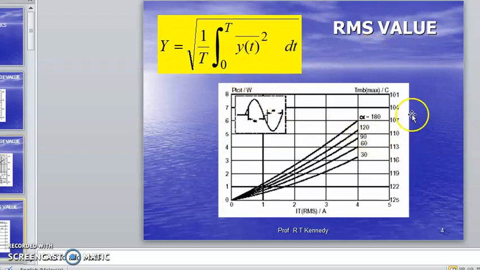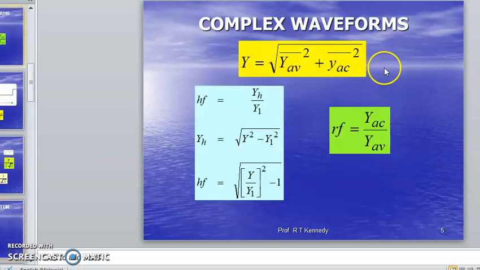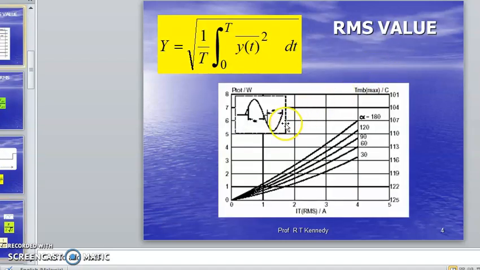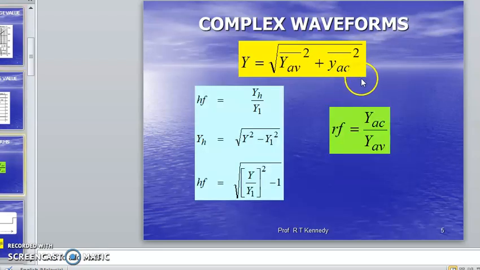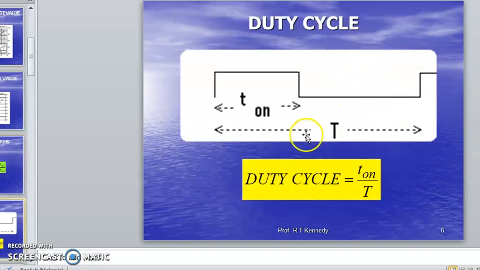And we also have RMS, but the RMS value is applicable for AC and AC output, or for the semi-controlled device. But for the uncontrolled device, we almost always refer to average. We have also complex waveform. This is what I mean by duty cycle: how much the time on is compared to the whole duration of one cycle.